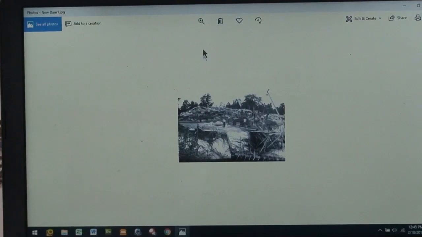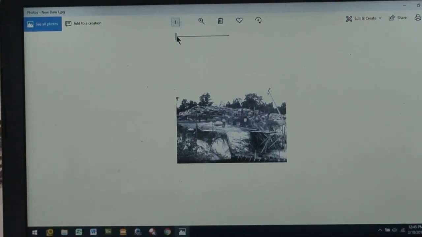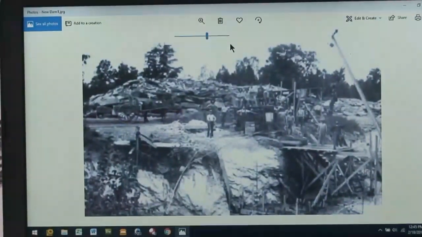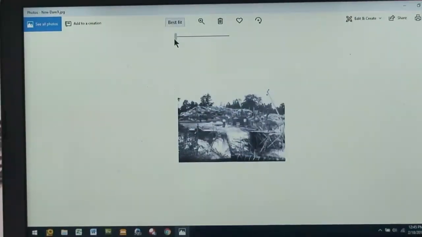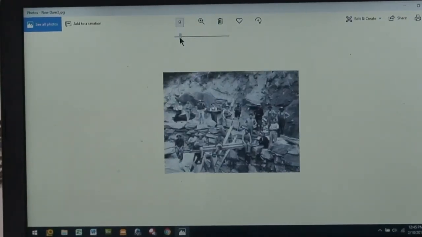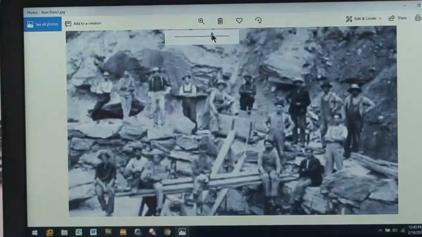And this particular view, you're looking at some more mill workers down in the ravine of the river actually doing some of the work necessary to prepare for putting the dam in, and to the rear of it is that pulp pile. And in this picture, again, you're looking at workers posed for a picture during the development of the dam.